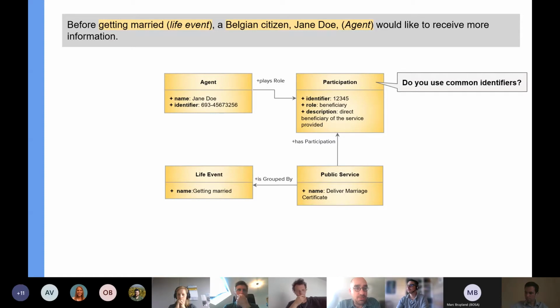I would refer to an agent as, for example, an intermediary, which could be a public organization or not a public organization, for example an accountant or, as we said, a notary.